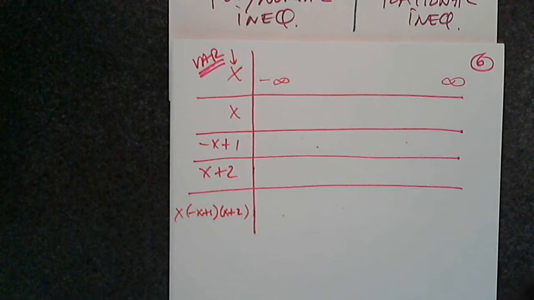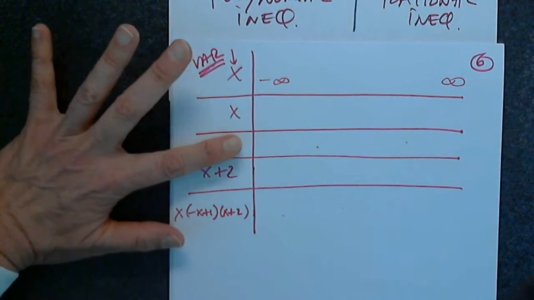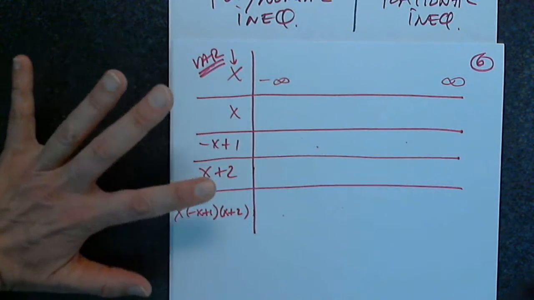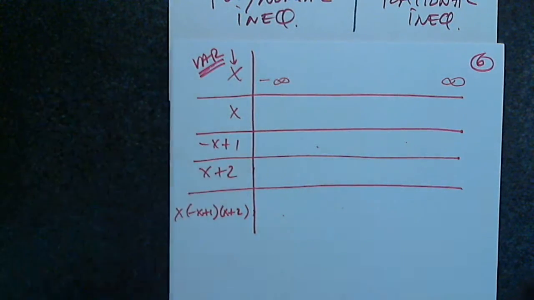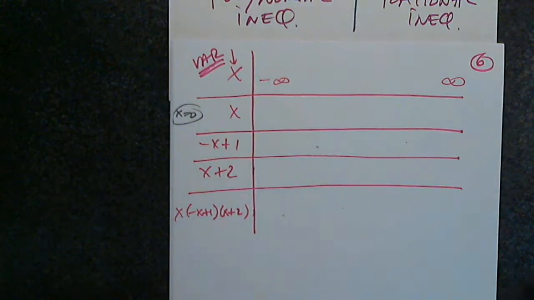At this point, I need from you three numbers. A number that makes this 0, a number that makes this 0, a number that makes this 0. Take your time and give me three numbers. And I would like them in ascending order. 0 is one number. Yes, for this one, obviously x equals 0 will be the number.